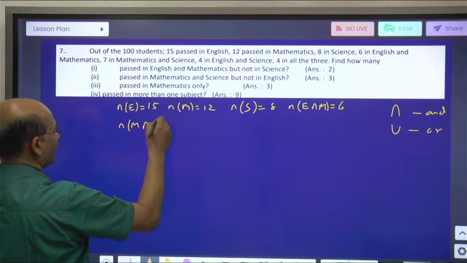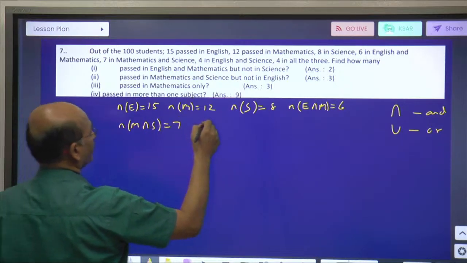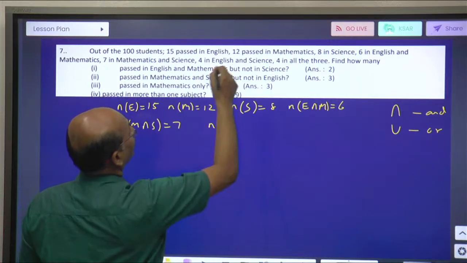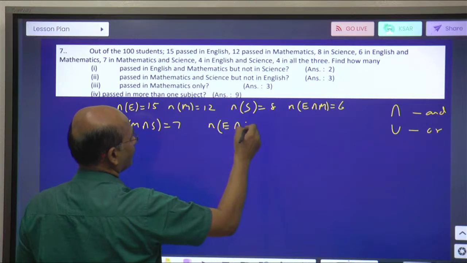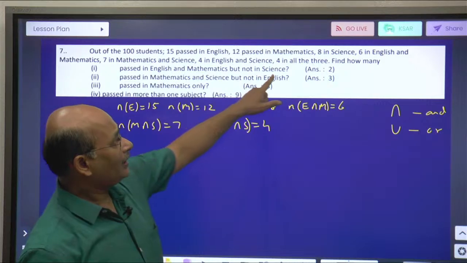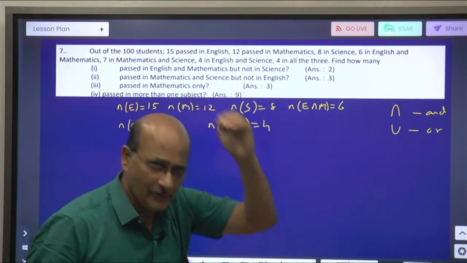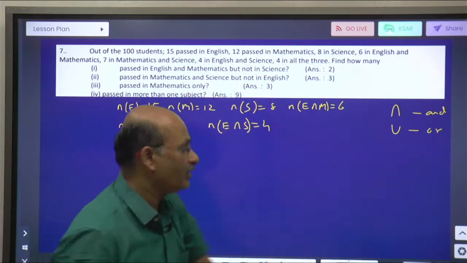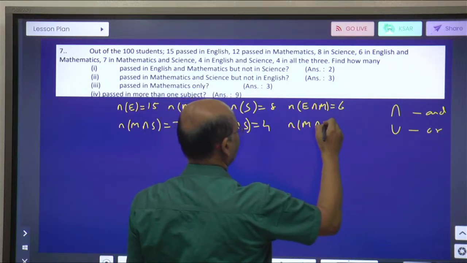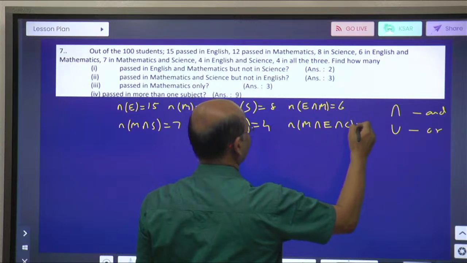Maths and science is 7, and N of English and science, English and science is 4. And 4 passed in all 3. They passed in maths and science and English. So N of M and English and science is nothing but 4.